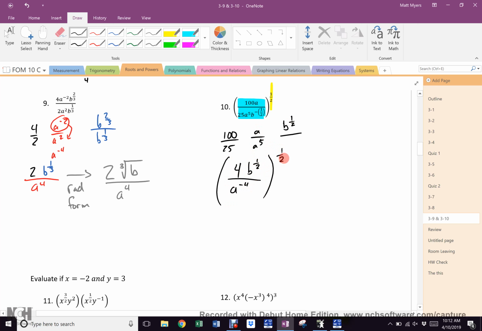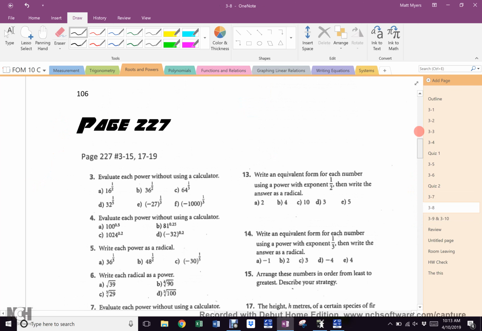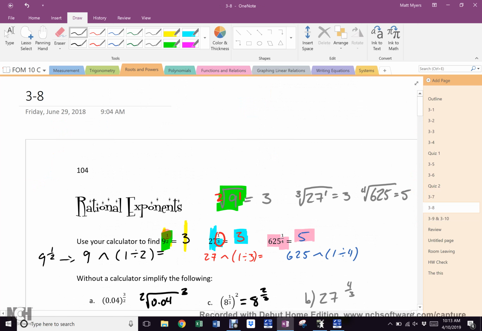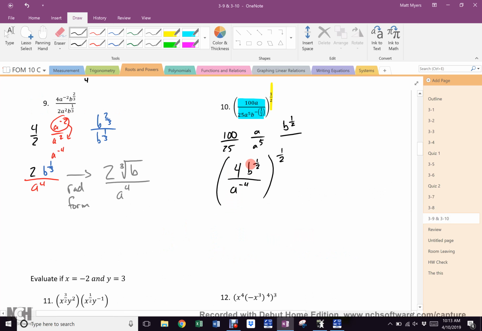Half. Now what do we know about the power of 1/2 from the very first thing we did yesterday? I'll remind you by going back to it. What did we learn when we put 9 to the 1/2? It's 3. Because the power of 1/2 is the same as what? Okay. Is this a base?